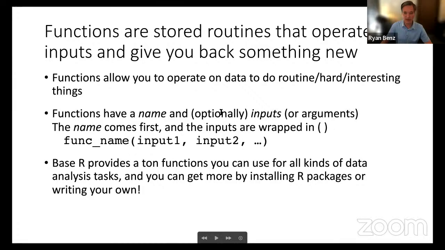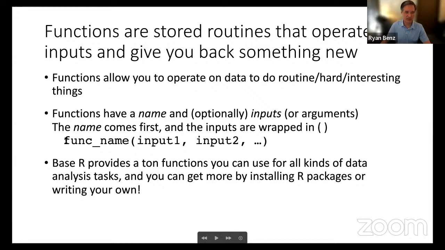These inputs, like we saw with the c function, were just a set of numbers. They also go by a strange name, arguments. It's just one of those weird names that computer scientists have decided to call the inputs, the things that you give to the function for it to do things.